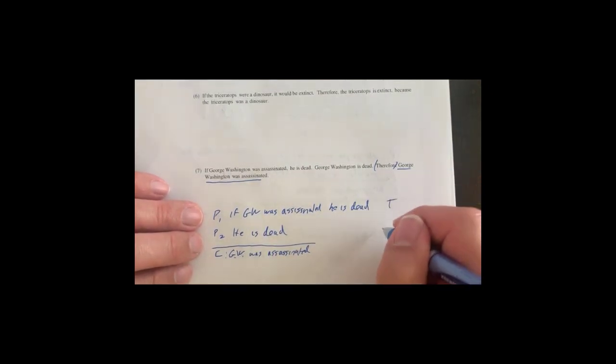These are both true statements, right? If George Washington were assassinated, he would be dead. And he is, in fact, dead. Therefore, he was assassinated. But you've got a false conclusion. So if you've got true, true, false, you know the argument is invalid. The other thing you can see here is that the structure of this doesn't work.